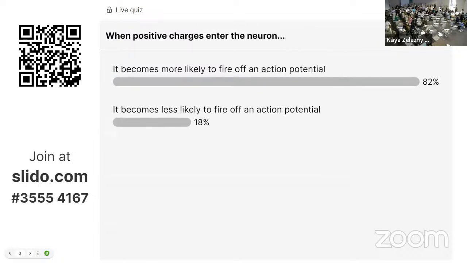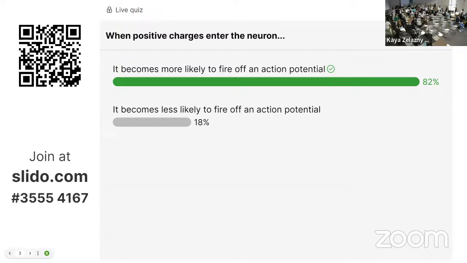So we're talking about positive charges entering the neuron, because graded potentials really do happen when we have a stimulus into the membrane and therefore changing the movement of ions.